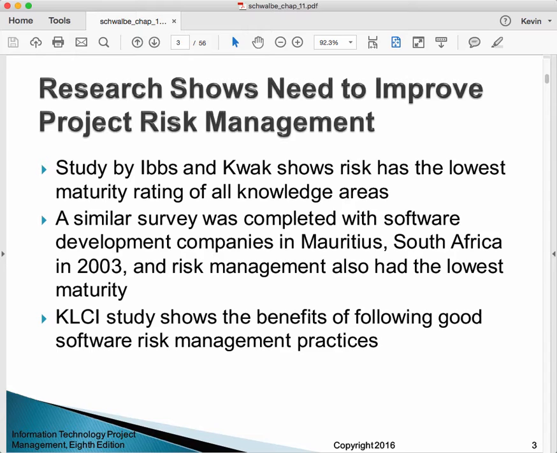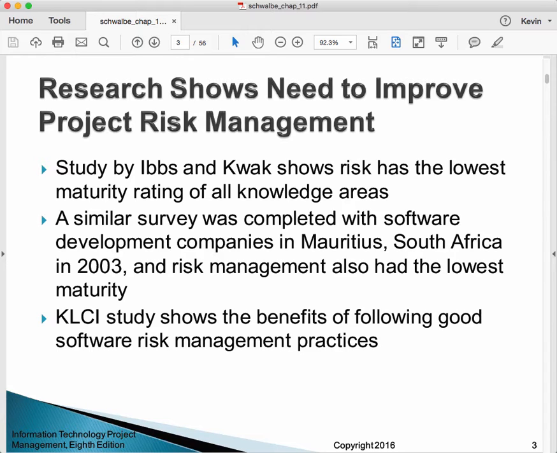Okay, so research by Ibbs and Kwok, two writers in this field, shows that risk has the lowest maturity rating of all the knowledge areas in formal PM. And this is interesting because, of course, risk is such a big deal, right?